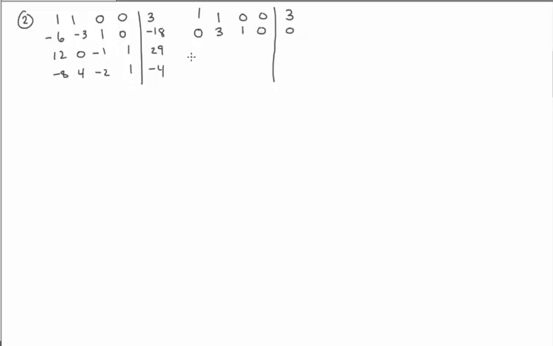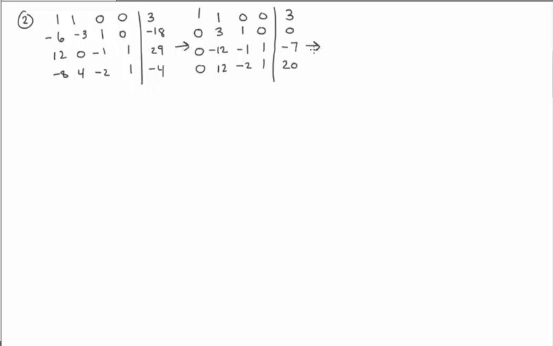For the next one, it's my -12 add, so 0, -12, -1, 1, -7. And for the last one, it's by +8 add, so it's going to be 0, 12, -2, 1, 20.